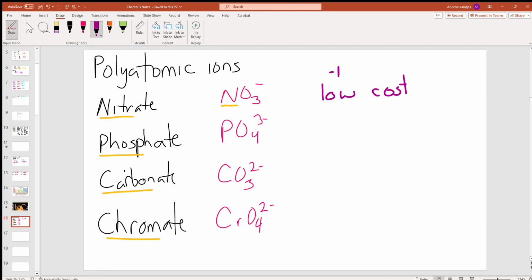And then low cost, 1, 2, 3 consonant sounds tells us 3 oxygens. So if you remember that, the first part of nitrate tells you there's a nitrogen. And then if you remember low cost, that'll give you -1 charge and 3 oxygens.